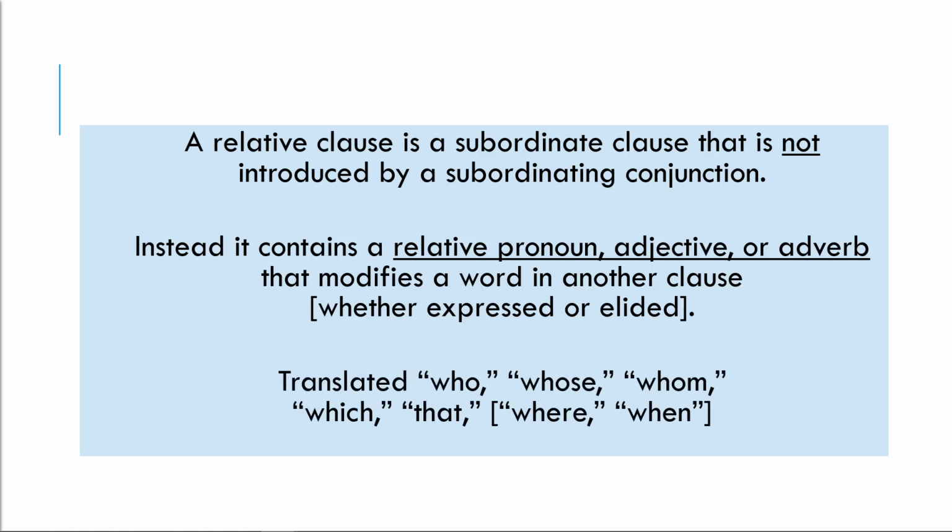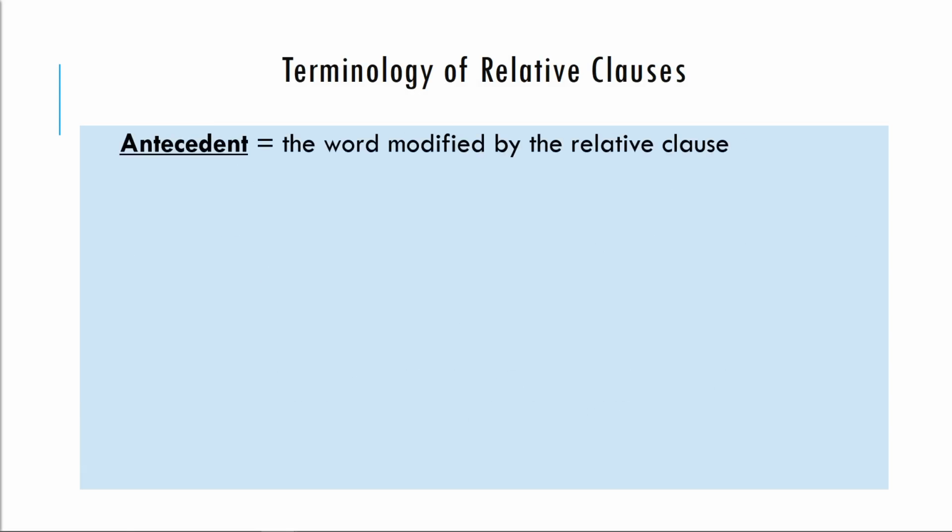These are clauses that are usually translated "who" or "whose" or "whom" or "which" or "that." They can also be adverbial, "where" or "when." Now, the key terminology here is the word upon which it is reliant, the word that it modifies in the matrix clause, is called the antecedent.